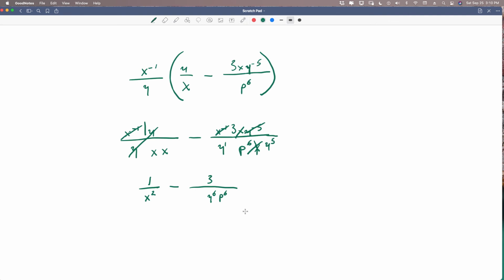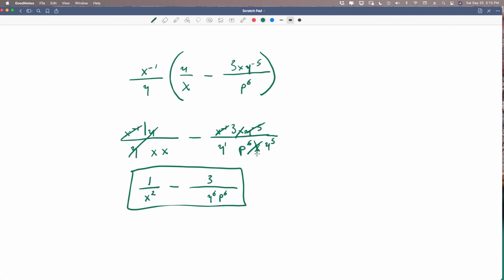And that would be all we have for this problem. That's it, simplified. Because we were able to flip and cancel, flip and combine. So here we flipped and combined, and then we canceled, and we flipped and combined and canceled.